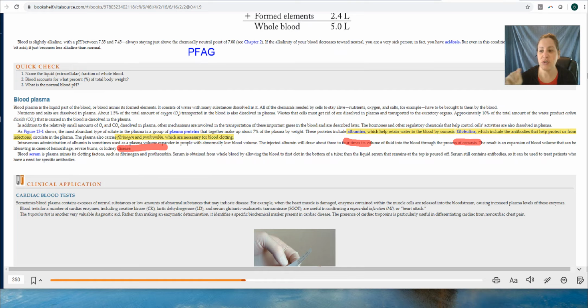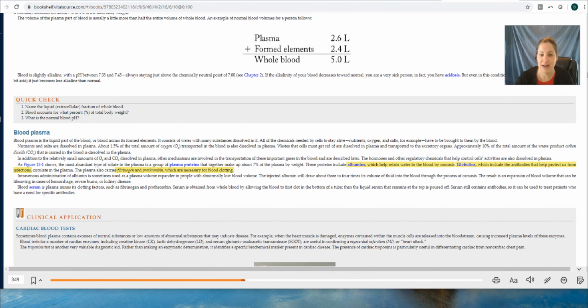But if I didn't do that PFAG first, I could not just randomly come up with those words. Now, you can use that. You can come up with another way of doing it. You could do FGAP. You can come up with any phrase you want, as long as if I say to you, what are the 4 plasma proteins, you come up with those 4 words, whatever it takes.